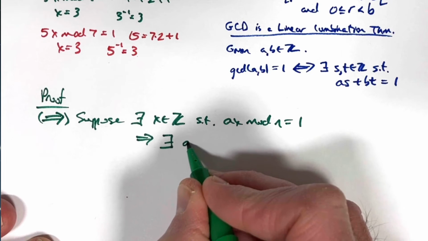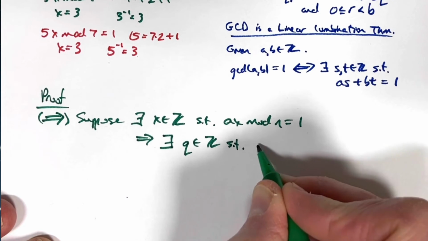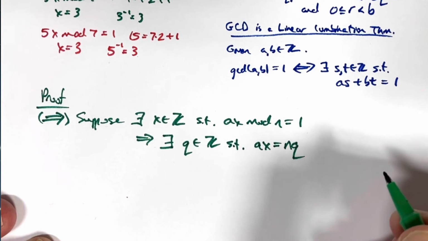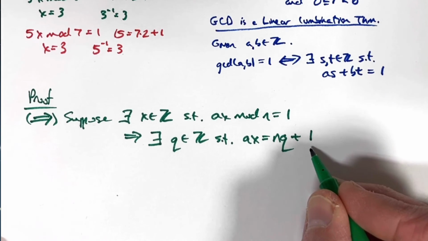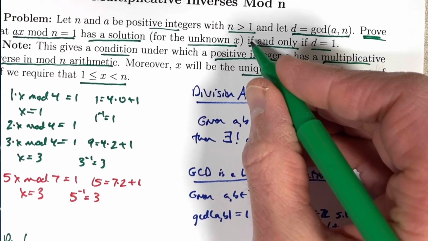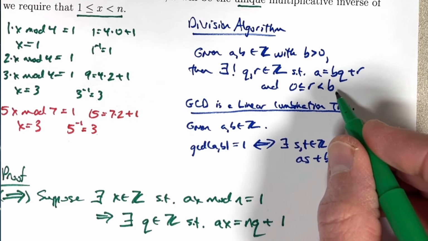There exists a q in the integers such that a times x equals n times q, q is the quotient, plus 1. This 1 fulfills the uniqueness in the division algorithm. It is the remainder because we're assuming n is greater than 1. And indeed, our remainder here, 1, is less than n. N is playing the role of b.